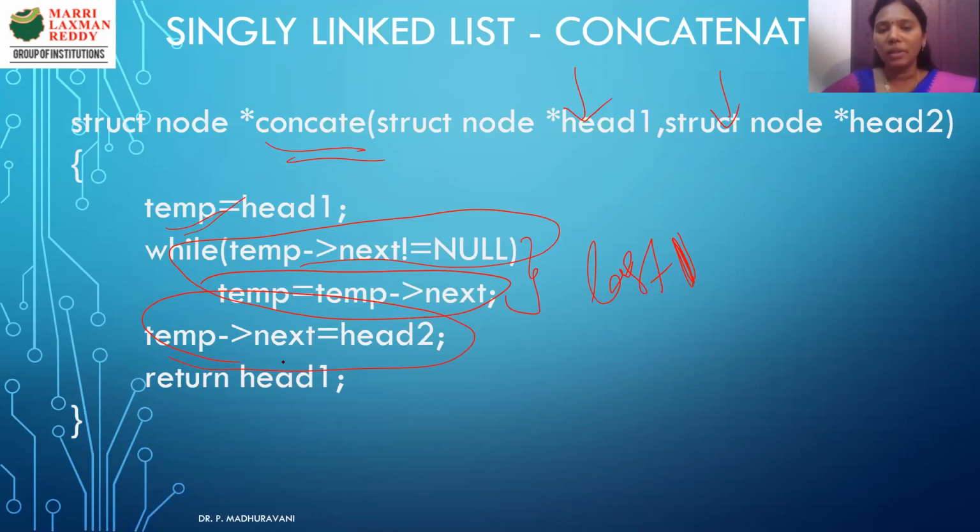Now you have combined the contents of two lists together. That entire list we are referring to with list 1, which is nothing but head 1. Now here we will return head 1. So this is the function of the concatenation operation on singly linked lists. Let us do the execution.